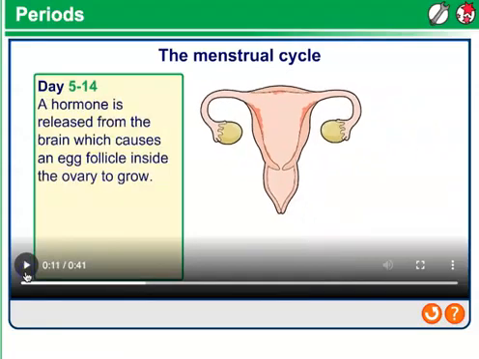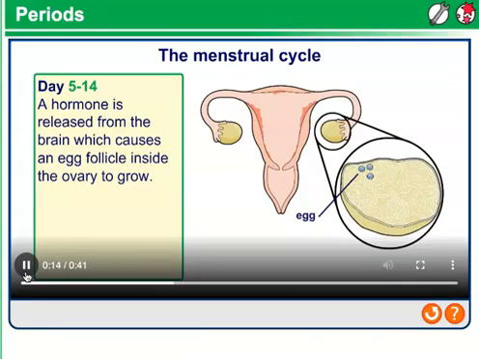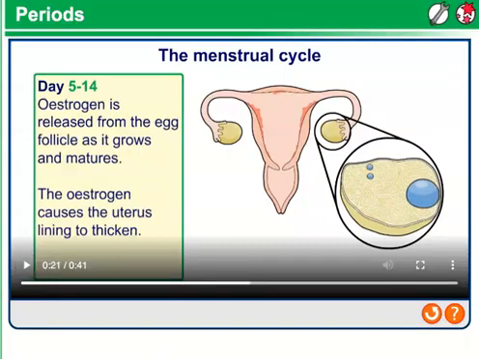Day 5 to 14, a hormone is released from the brain which causes the egg follicle inside the ovary to grow. The hormone estrogen is released from the egg follicle as it grows and matures. The estrogen causes the uterus lining to thicken.